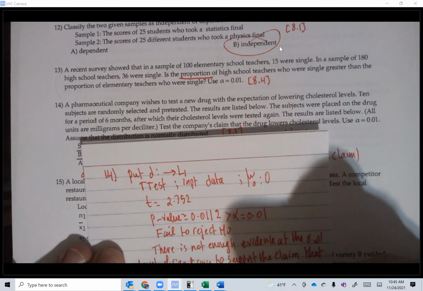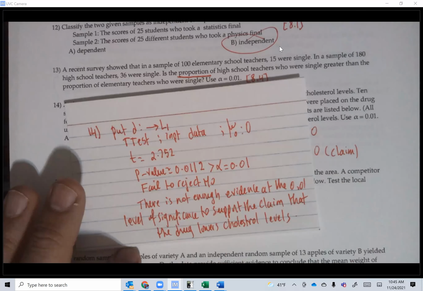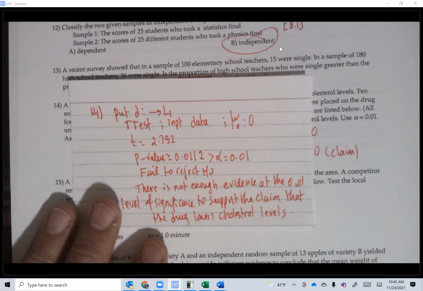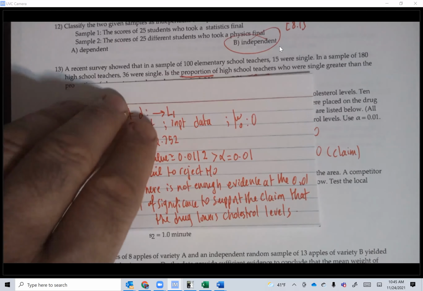Although it does lower it, it's not substantial. That's why we could not say that it's effective. So the results are not significant. Okay, so that's number 14, guys.